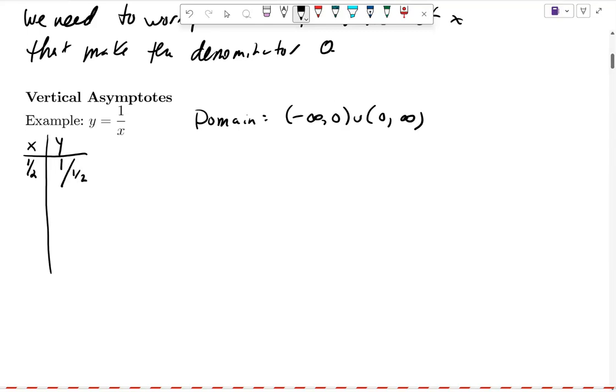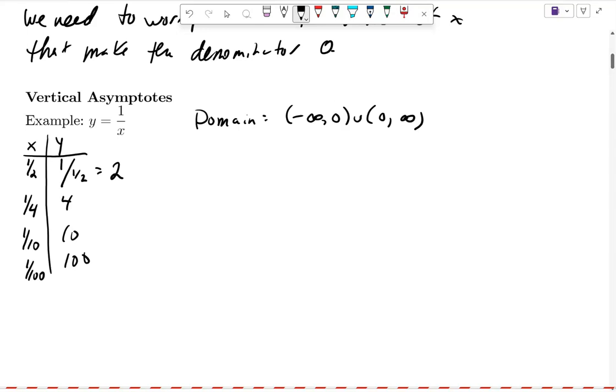What do you do when you divide by a fraction? Multiply by the reciprocal, right? Basically, this function is telling you to take the reciprocal. That's what 1 over x does. It says reciprocate, right? So if you plug in a fourth, what would you get? 4. If I tell you to plug in a tenth, what do you get? 10. If I tell you to plug in a hundredth, what do you get? 100. When I start making this number really, really small, really, really close to 0, what happens to the output? It gets really, really big, right?